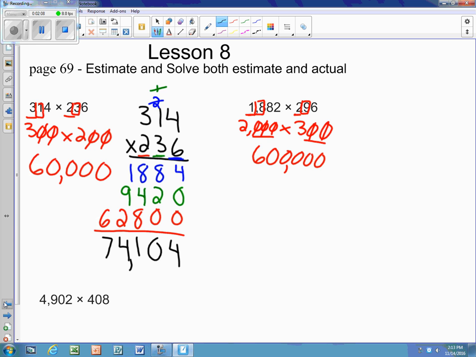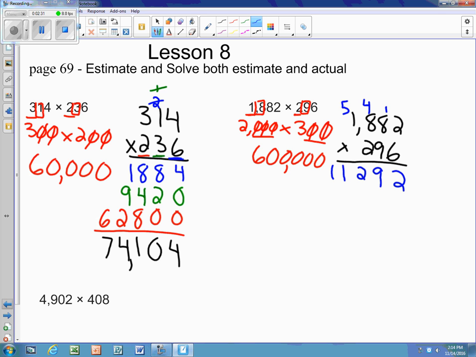Now we're going to move on to our actual of 1,882 times 296. First thing that we're going to do is use the ones place. We cross these all out because we're done with the ones place.